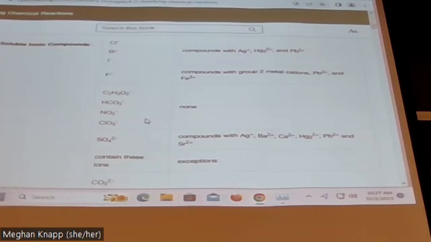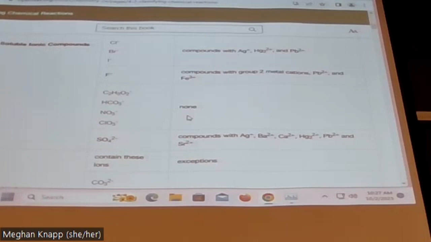Those can go up there. And then the next one for soluble includes sulfate. Now it has a few more exceptions than the halogens do, but it's generally going to be soluble. So down here where it says usually soluble is going to be group 17 and sulfate.